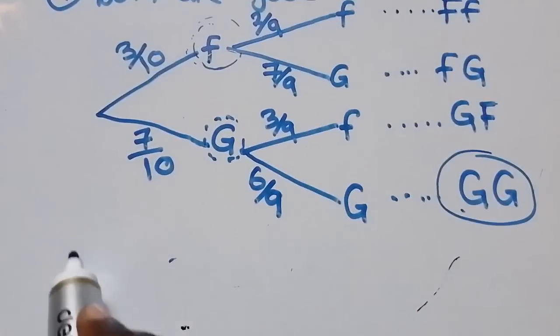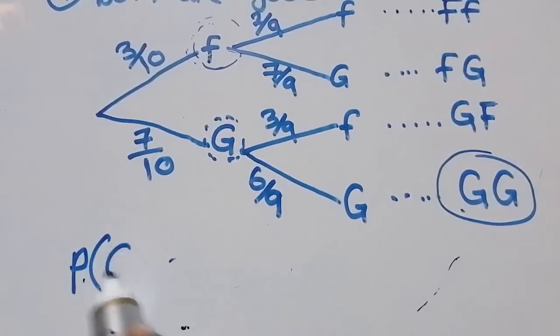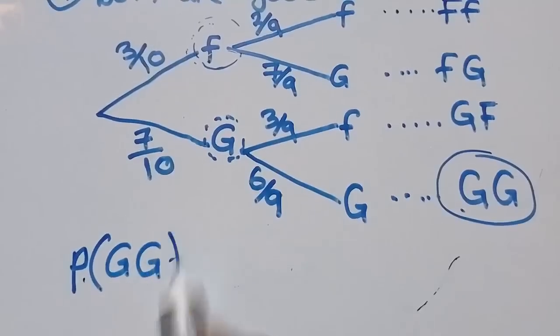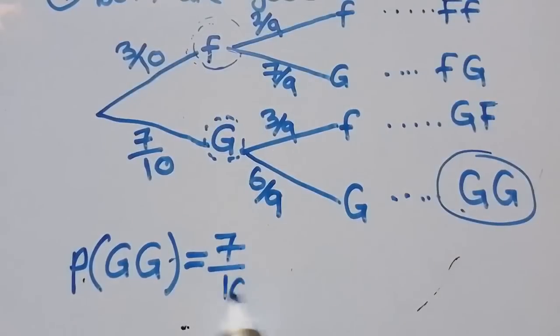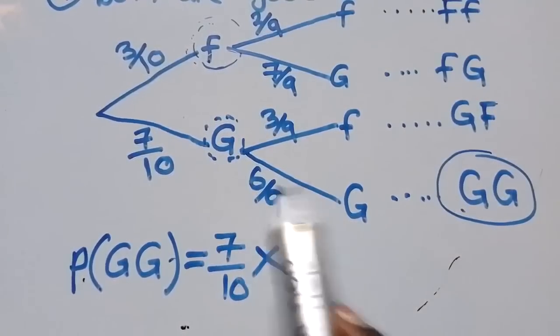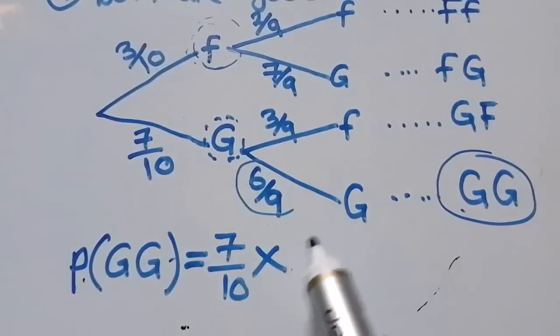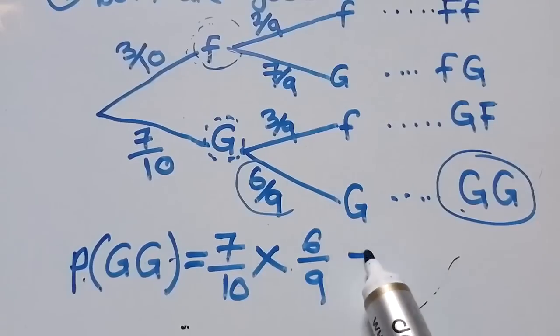I'm told to find the probability that both are good. So probability of good, which is equal to the first good here, it is 7 over 10. Then I say times this one here, which is 6 over 9. Then finally, which answer am I going to get?